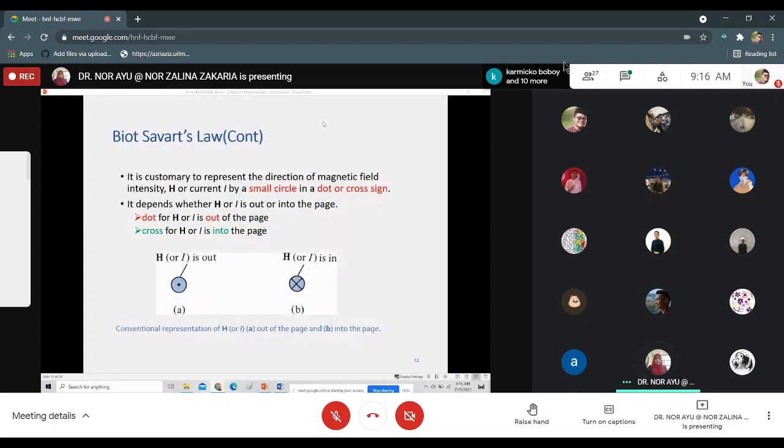All right, so another symbol that represents the direction of the magnetic field is this one. The magnetic field intensity H or current I is shown by a small circle with a dot or a cross sign.